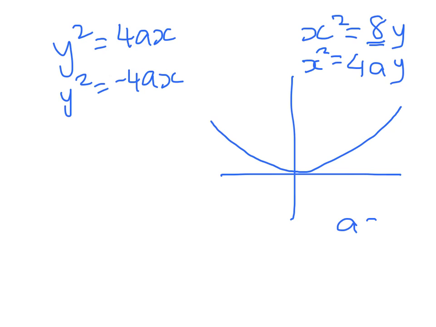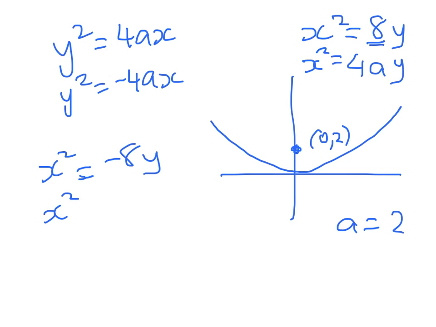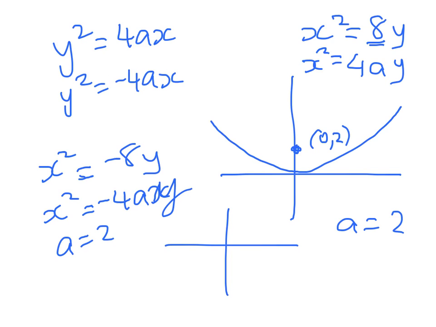So a equals 2, my focal length is 2, and my focus is at 0, 2. Right, and the last pattern type is x squared equals negative 8y. So the pattern here is x squared equals negative 4ay. A equals 2. So this one would look like this. Okay, same idea applies.